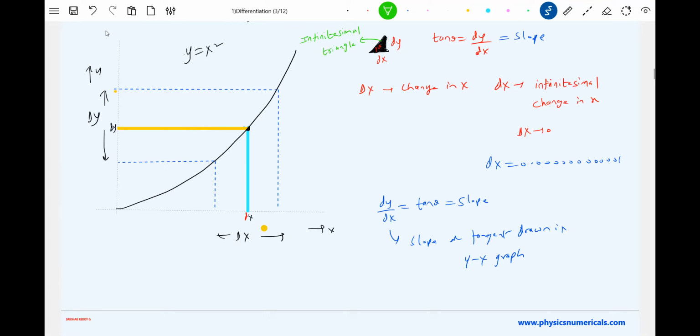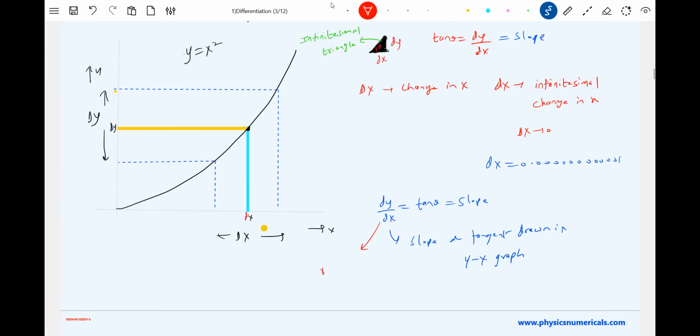In that triangle, the ratio of dy by dx will become the slope. Okay, fine. This is the primary part of this, which is nothing but the rate of change of y with respect to x.